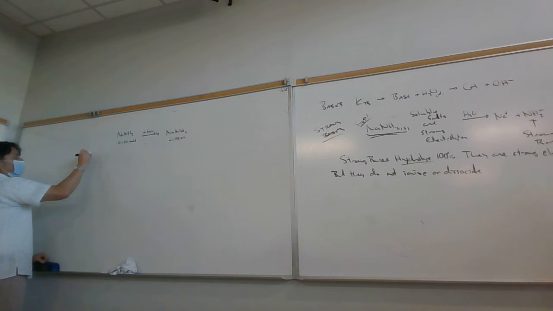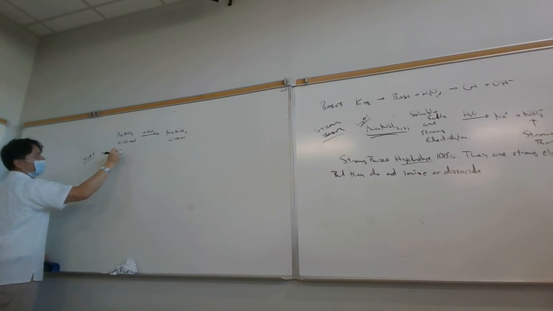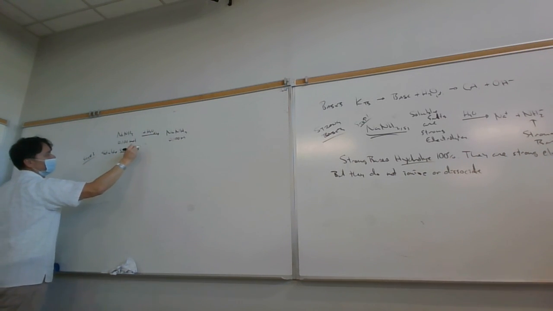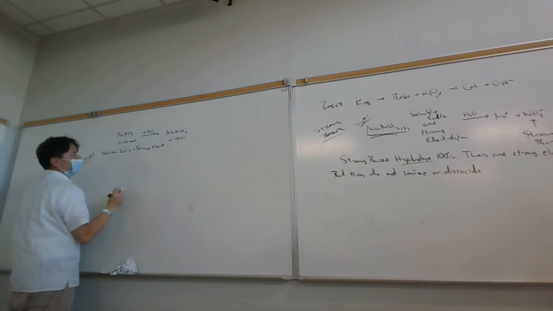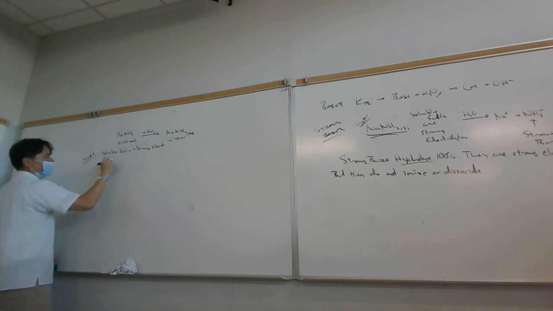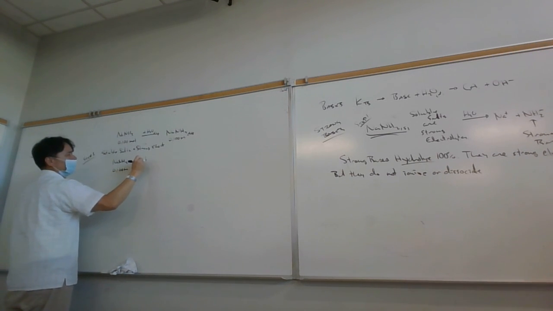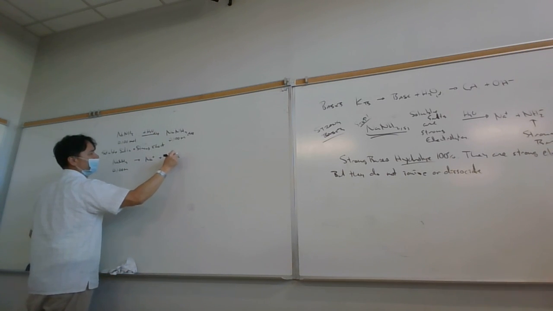So for me, step one is soluble salt. Soluble salts are strong electrolytes. And so this is going to be aqueous. Sodium amide at 0.100 molar breaks up, or ionizes, or dissociates into sodium ions and amide ions.